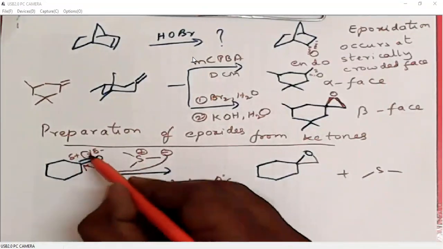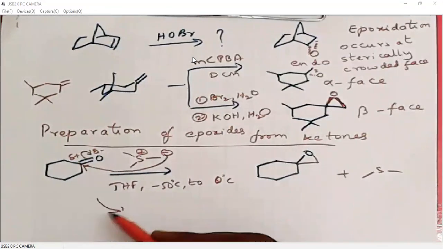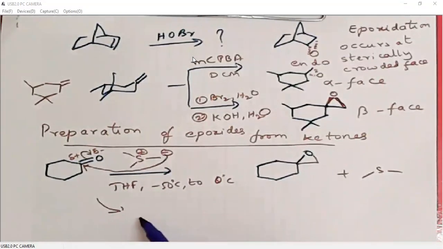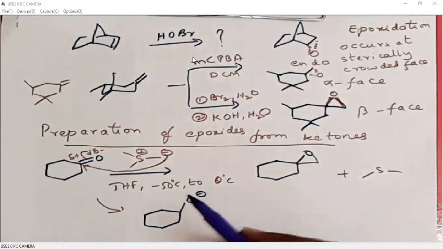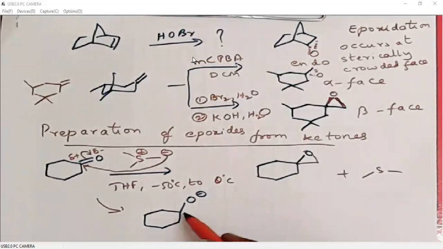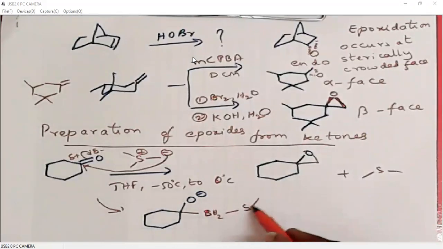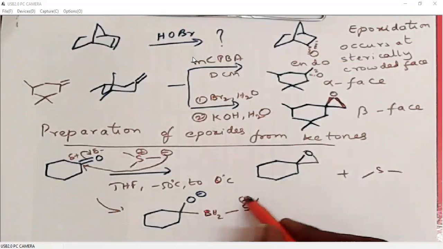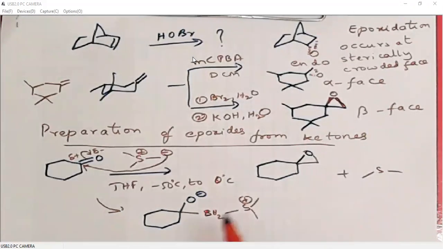So the double bond breaks to generate an oxide, O minus, and then CH2. This is what is called a betaine type intermediate, with positive and negative charges, one of them on oxygen.